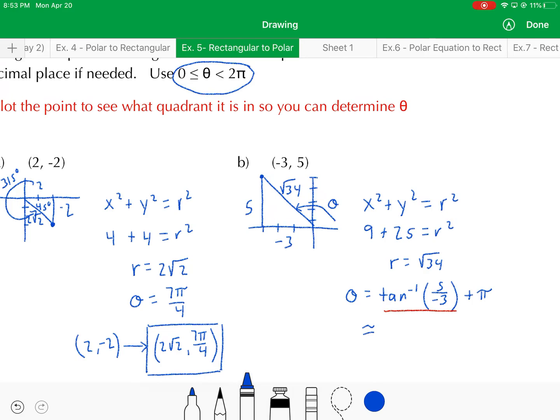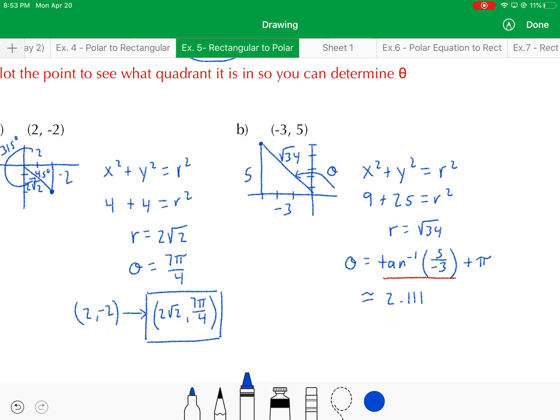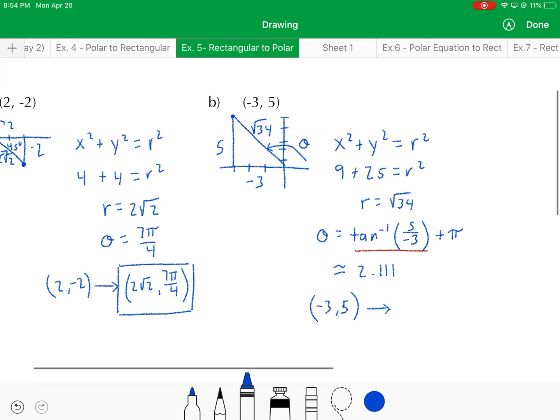So all I need to do is add pi to it, and I end up with 2.111. Okay, so we're going to say that negative 3, 5 corresponds to radical 34, comma, 2.111 approximately in polar form.